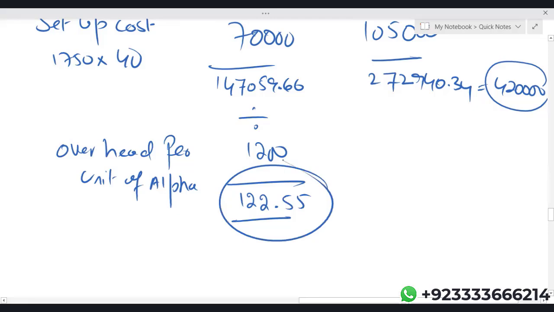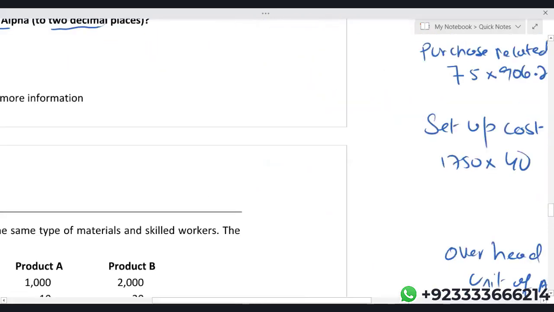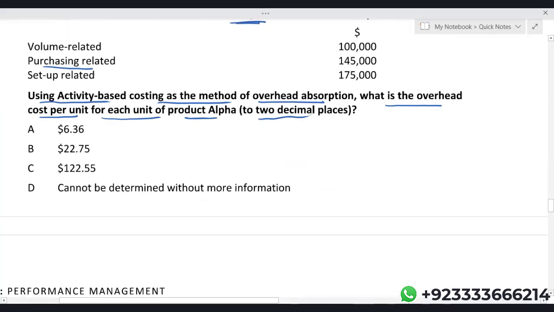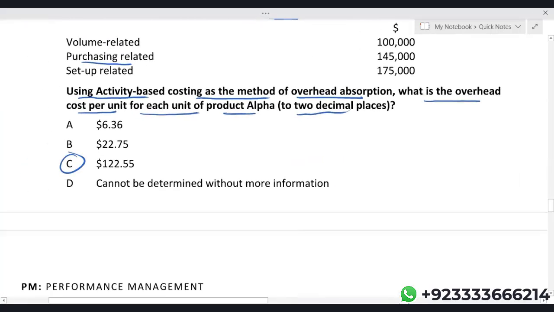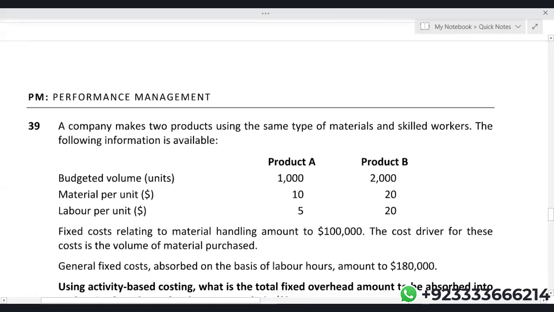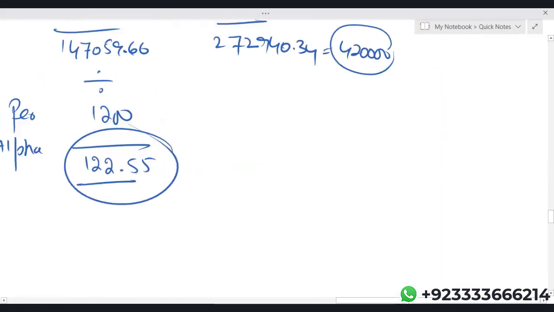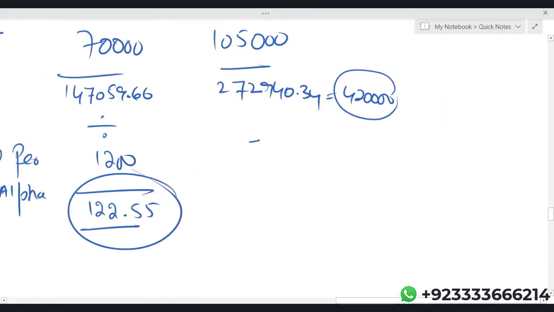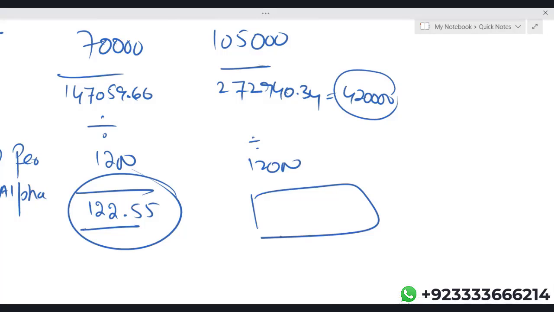So make it 122.55. Let's see. Do we have any choices? Yes, this is the one. They have not asked for the beta, but still, if you want for your understanding, just divide this with 12,000. What is the overhead cost under ABC which belongs to beta? 2,72,940.34 divided by 12,000.